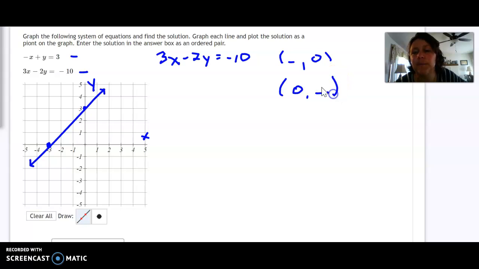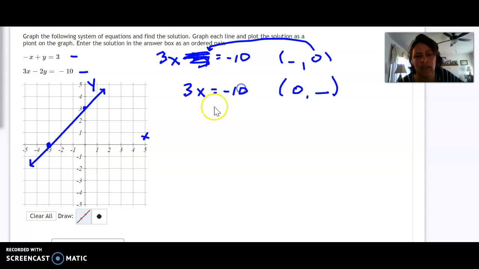There we go. Okay, so first thing we're going to do is take the 0 in the y position, and we are going to plug it in for y. So what happens when we plug that in for y? All of this right here is going to be 0, which means it's nothing. So we end up with 3x equals negative 10, and we have x equals negative 10/3.